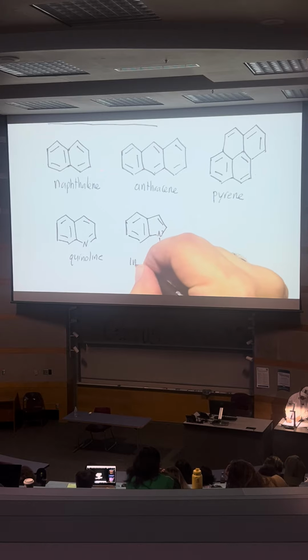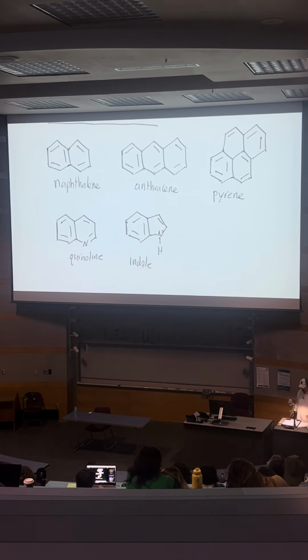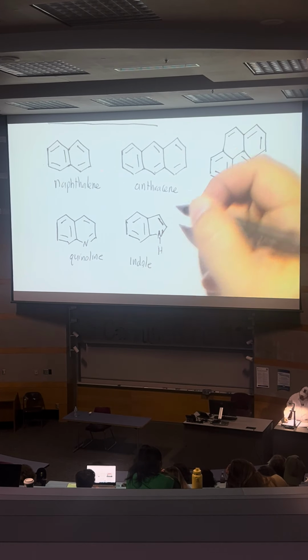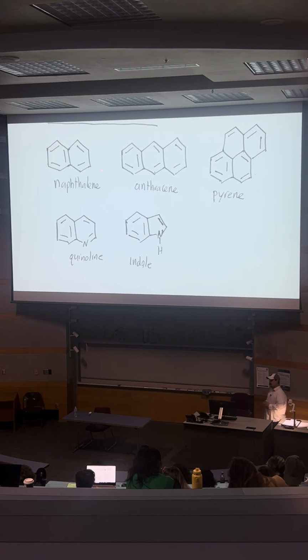This one is pretty important. This is indole. So you've got a 5-membered ring, we have a nitrogen right here, we have a double bond right here, right? Indole is the group that you see on the amino acid tryptophan, which we use to biosynthesize neurotransmitters such as serotonin and melatonin.